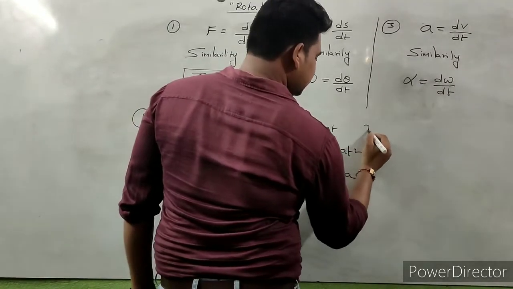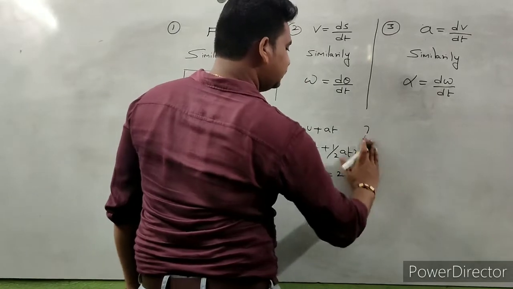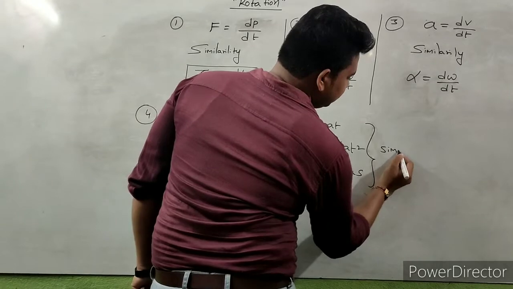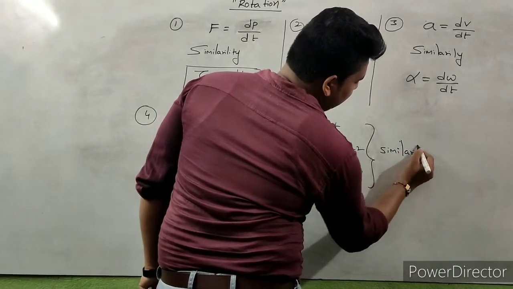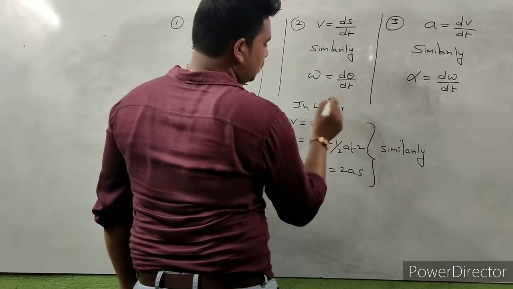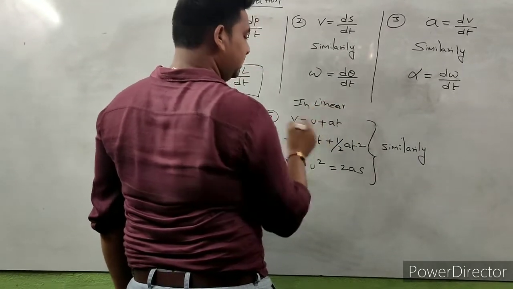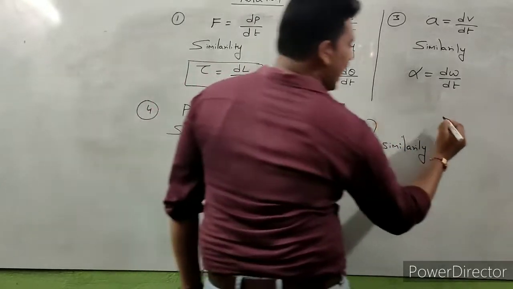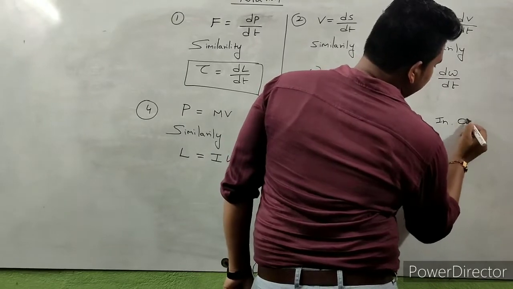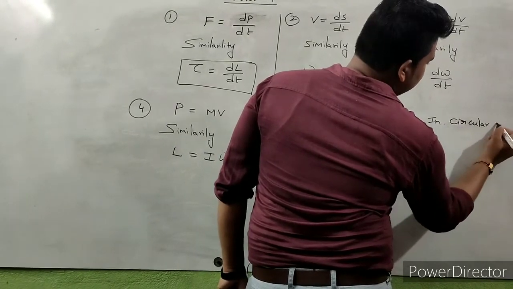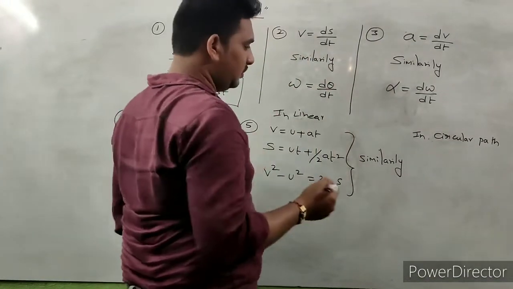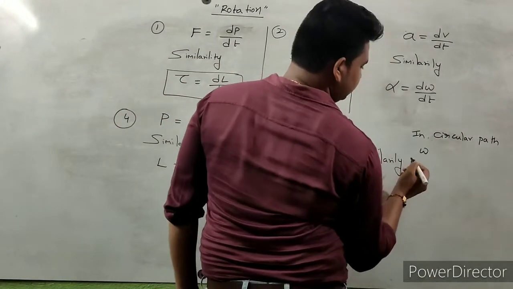Similarly, these are the equations of motion in linear motion. Similarly, in angular, in circular motion, in circular path, V means omega.